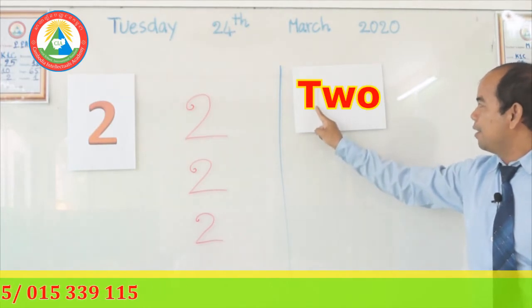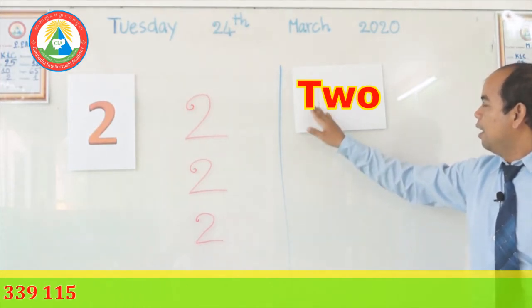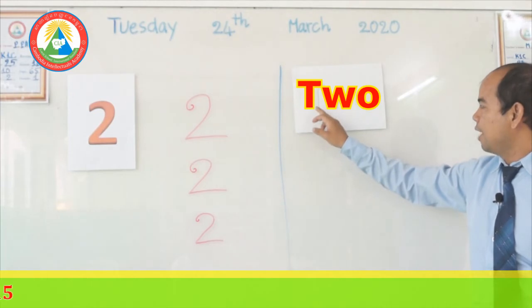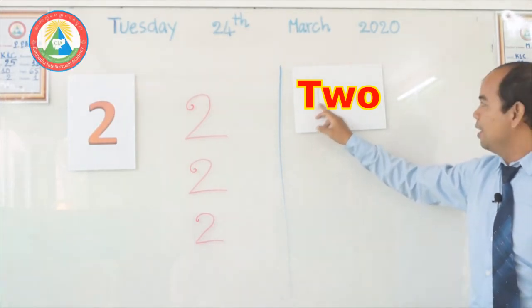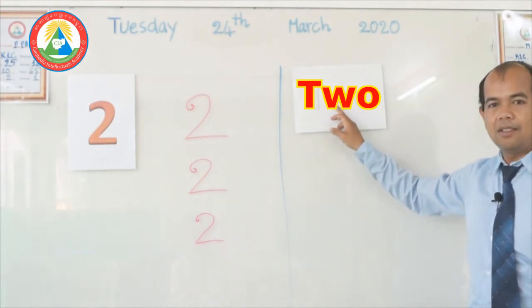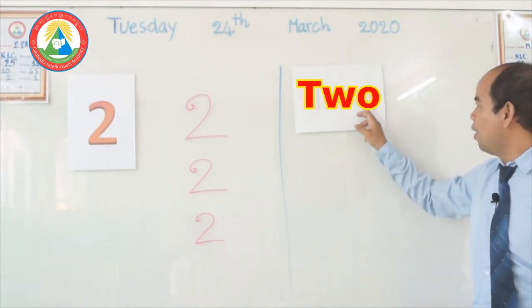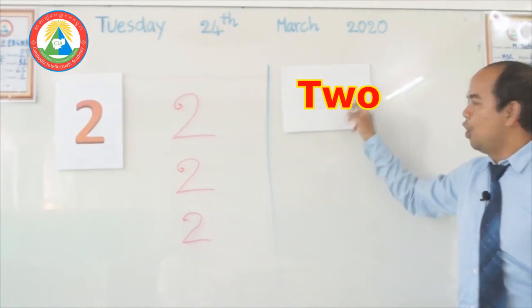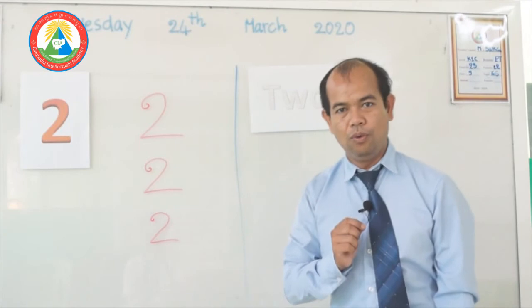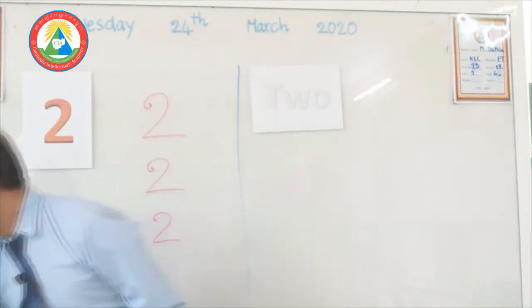The first letter of writing number 2 starts from consonant T, and next W, and the last one letter O. T-W-O. We read 2.